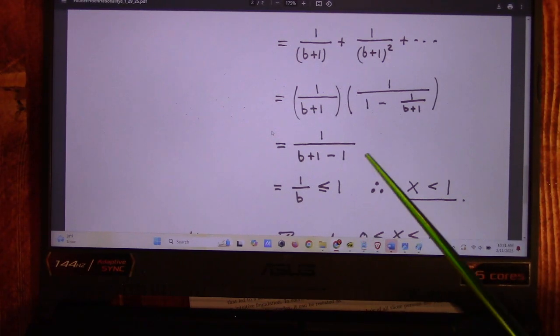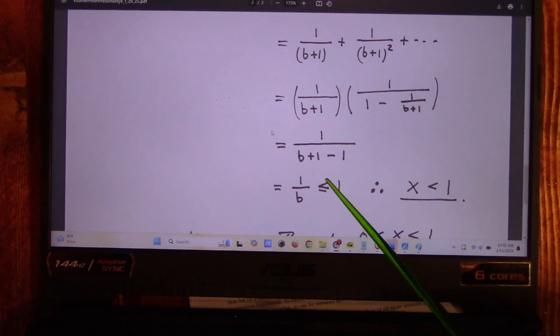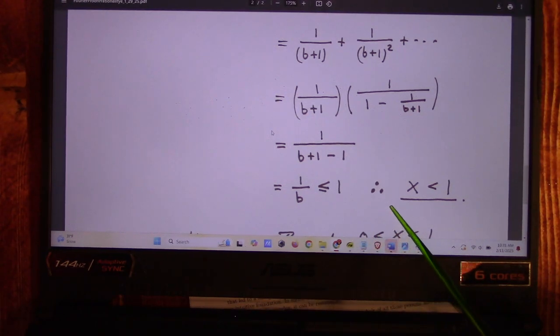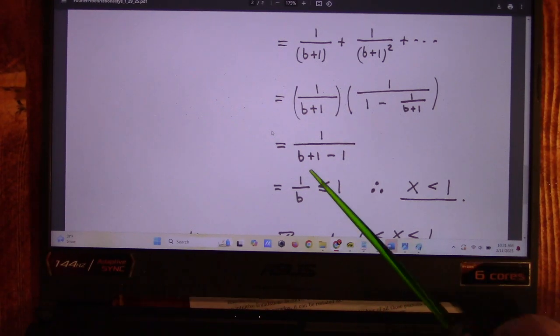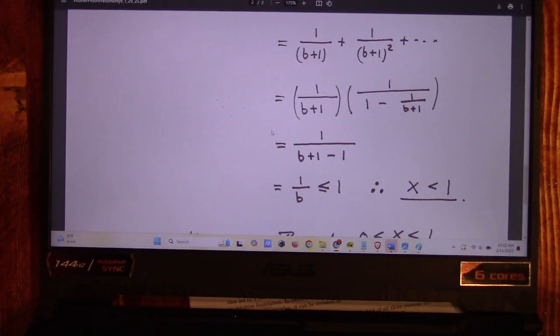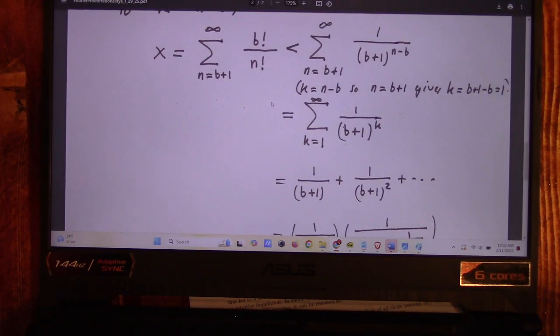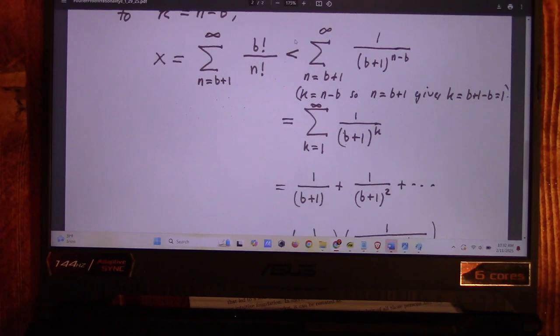But anyway, setting aside that worry, we have that 1 over b is less than or equal to 1. In fact, this is a strict inequality if you go back, because there's an inequality up here which was strict, right up there. See that?